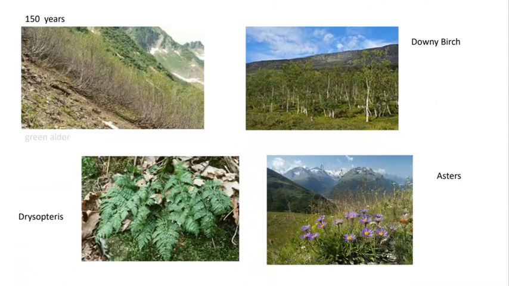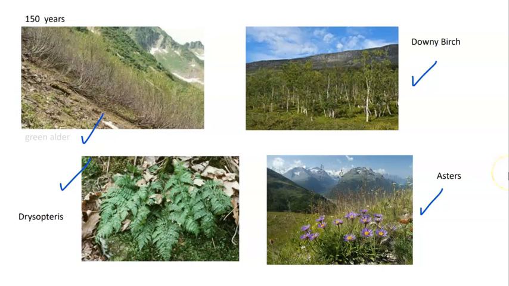At 150 to 200 years, the same location that we're standing in becomes occupied by all the alders, but now we're allowing the growth of larger species such as birch trees. The ferns are occupying, and the flowering asters are starting to occupy the richer soils created.